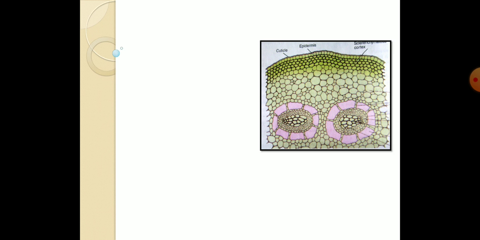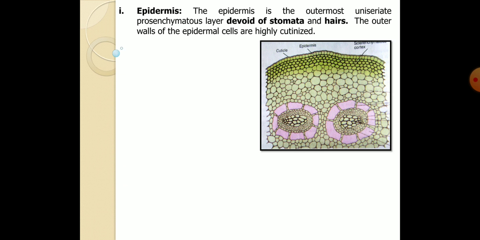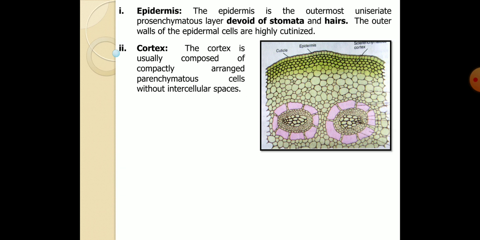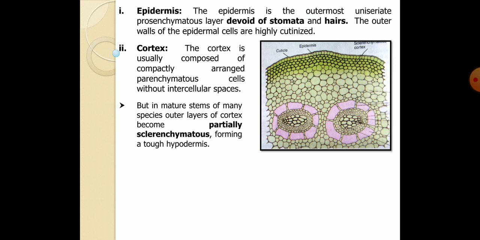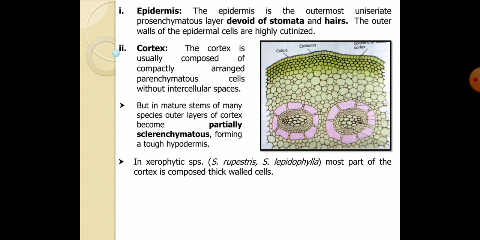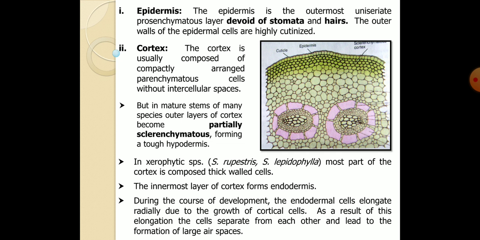Below that is the epidermis, the outermost layer, which is parenchymatous and usually interspersed with stomata and hairs. The cortex is usually composed of parenchymatous cells without intercellular spaces, and partially a sclerenchymatous layer will be there. In xerophytic species the cortex comes from thick walled cells, and the innermost layer of the cortex forms the endodermis.